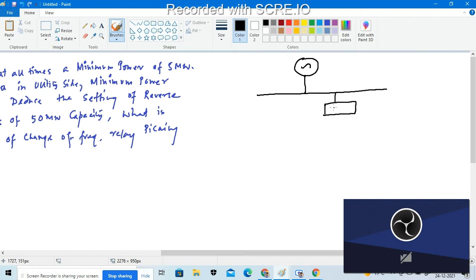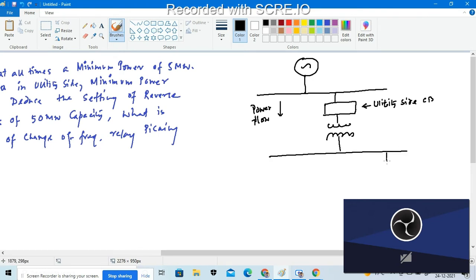So this is my utility side circuit breaker, and the power will flow in these directions. Okay, so it will be connected with some transformers. Again, this will be connected with a feeder load.